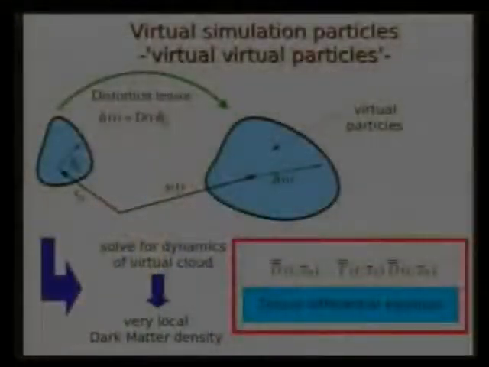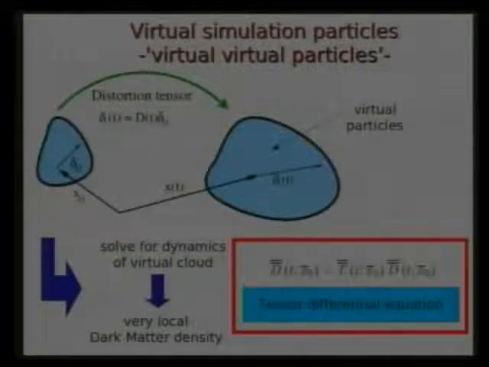But the people running the detector experiments want some answers yet, and so you have to develop a new method, and this is now a new method to get more resolution in the dark matter fluid. And the key idea is that we use what I called virtual particles.